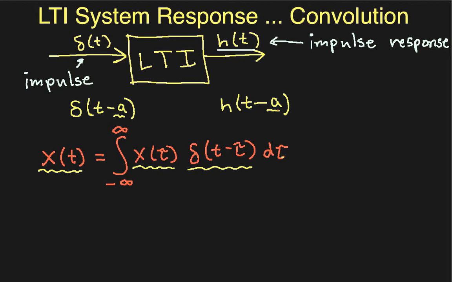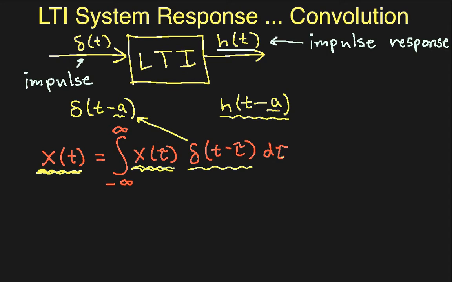Now, we know that if we put a time-shifted delta function in to our LTI system, we get this time-shifted impulse response out. And so we're going to use the fact that the system is linear, and we've represented x of t here as essentially a linear combination of delta functions.